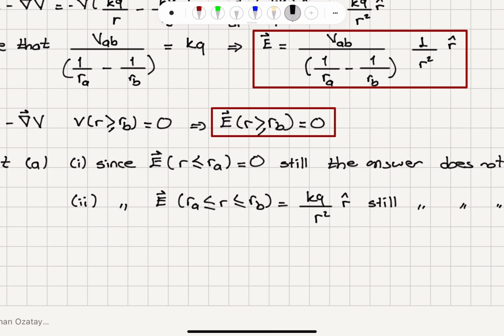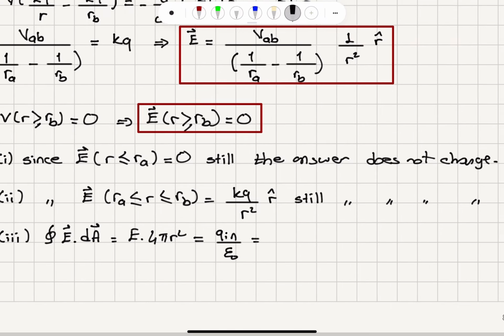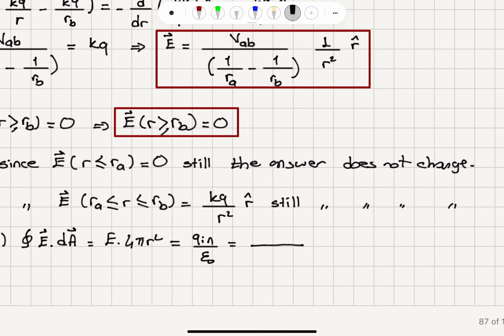For the third region, when we move outside, if I write Gauss' law, the closed surface integral of E dot dA, which is E times 4 pi R squared, equals the charge enclosed, Q in, divided by epsilon 0. That becomes not 0, but it's going to be Q minus capital Q, because the charge has changed from minus Q to minus capital Q, divided by epsilon 0.